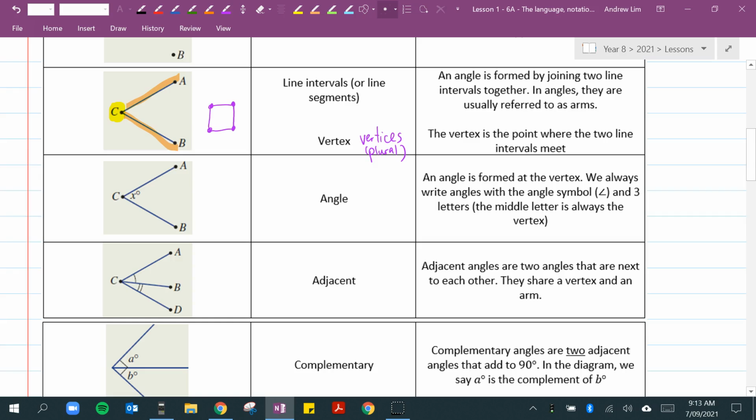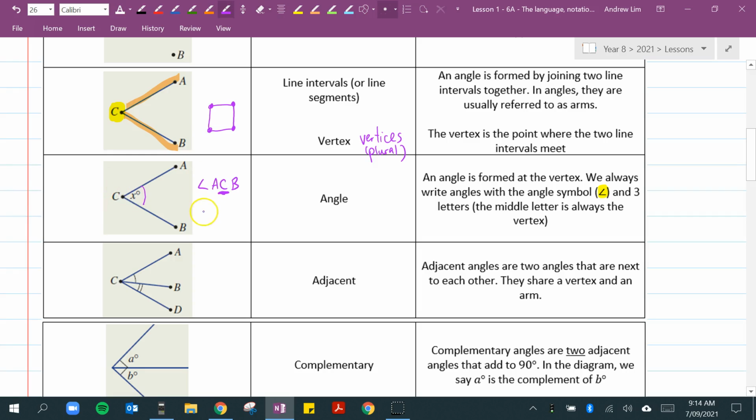Here we've got the angle. When two line intervals meet, the angle is formed at the vertex. And we always write angles with the angle symbol. So this is the angle symbol, and 3 uppercase letters. The middle letter is always the vertex. So in this case here, we've got angle ACB, where the middle letter is the vertex, the corner.